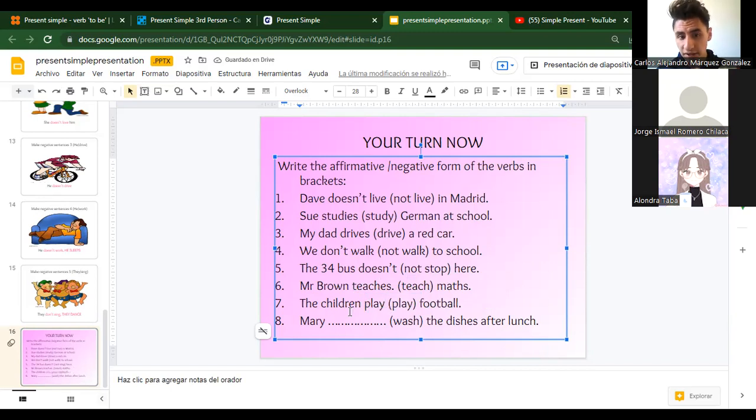We don't add a letter S because the children is a plural noun. It's like ellos, they. So we don't add a letter S to the verb. Murray is a singular subject, okay? And here we have the verb wash, and the verb finishes with CH, and remember that we have to add ES. Watches dishes after lunch.